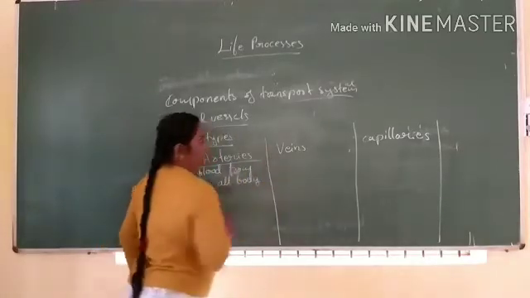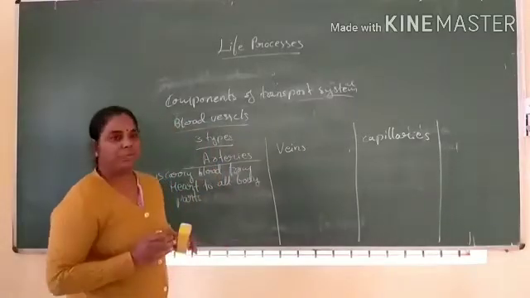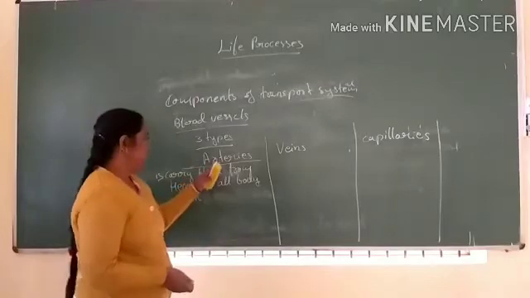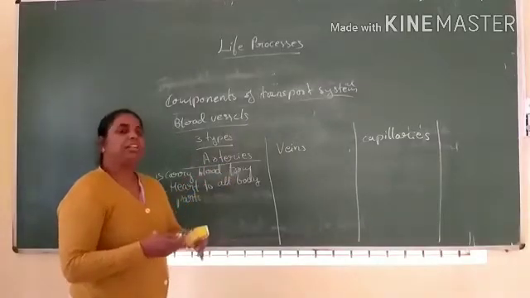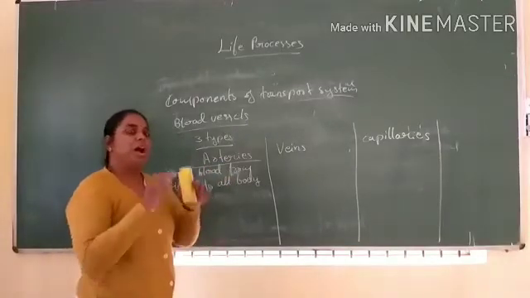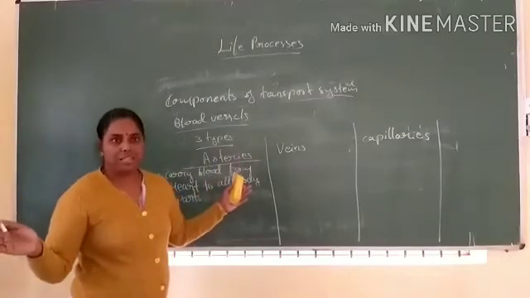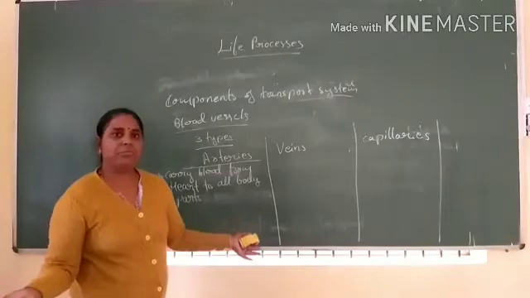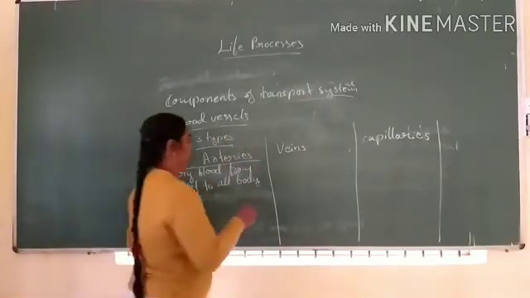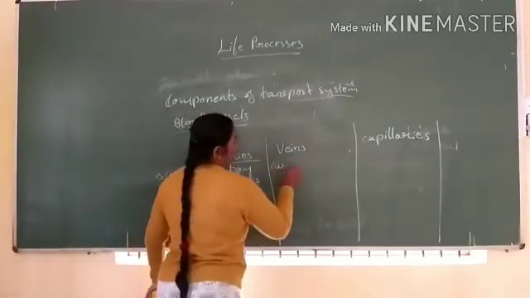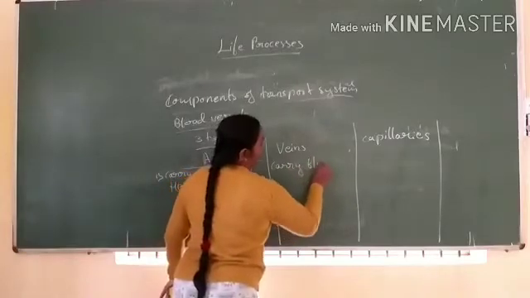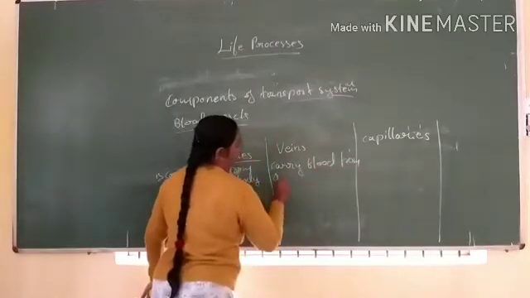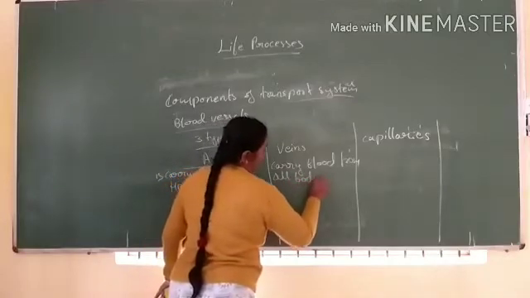The veins collect blood from different body parts and dump it into the heart. As arteries take away blood from the heart to the body parts, whereas veins collect blood from different body parts and bring it back to the heart. So that is, they carry blood from all body parts to the heart.